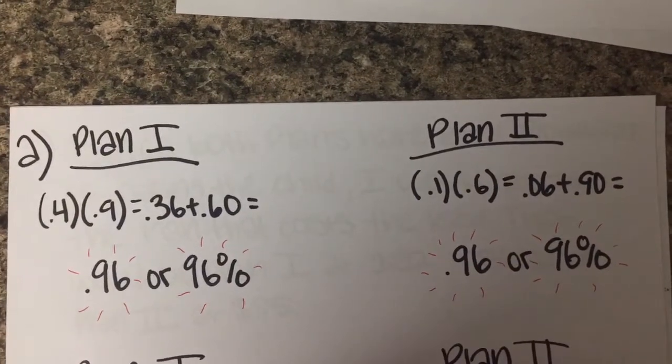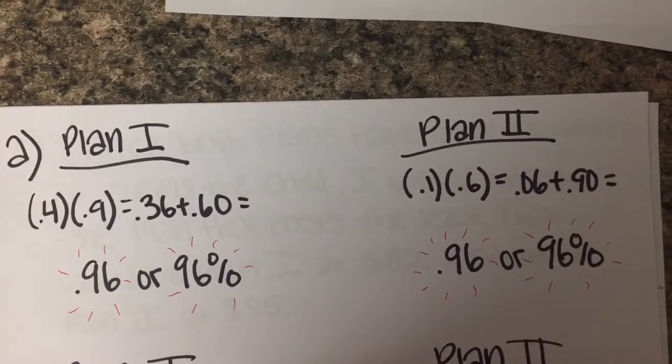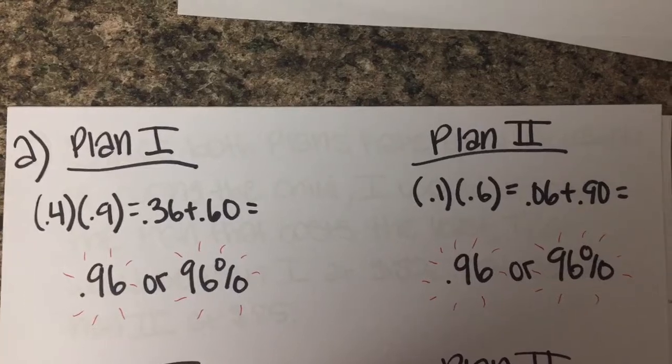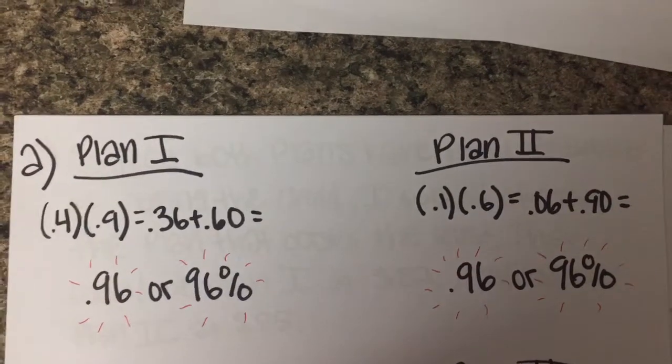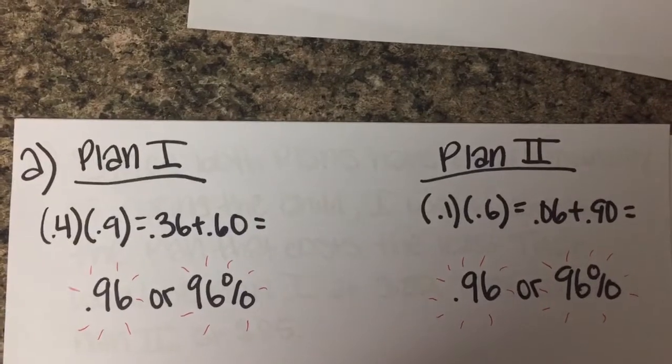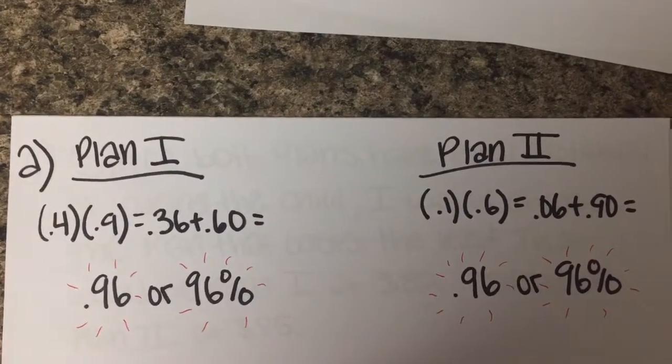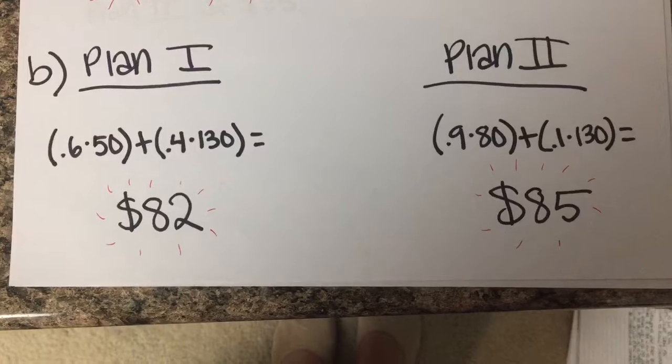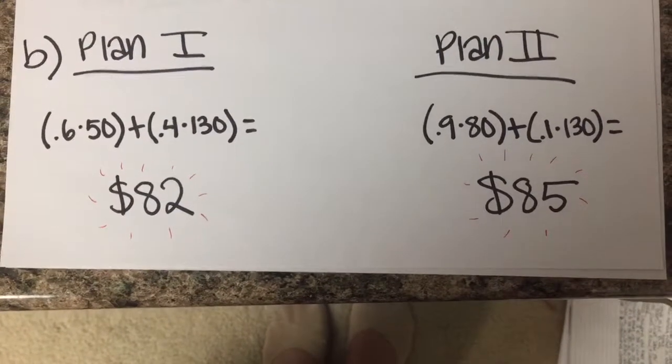And then for Plan 2, same thing, 0.1 times 0.6, which equals 0.06, plus 0.90, and that also equals 0.96 or 96%.